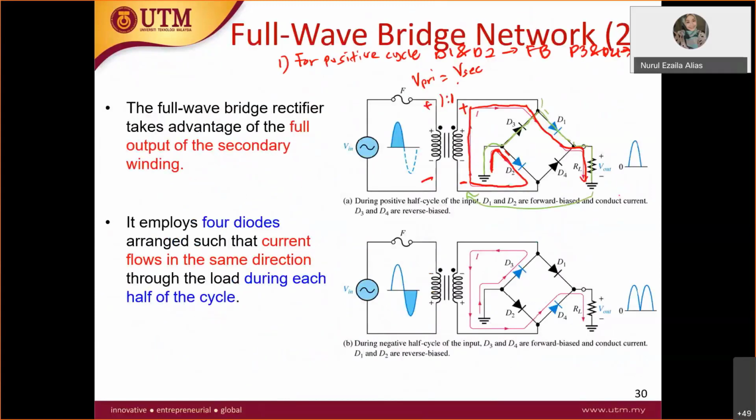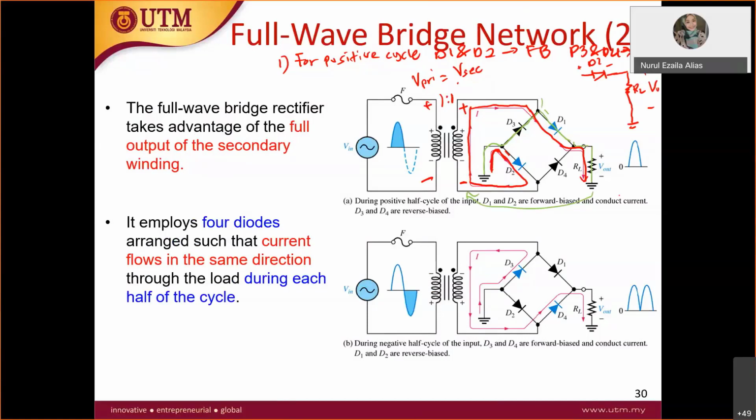So let's start with D1. You have plus and minus of D1. At the minus of D1 you have RL. This is your V out. You know that your RL always goes to negative.